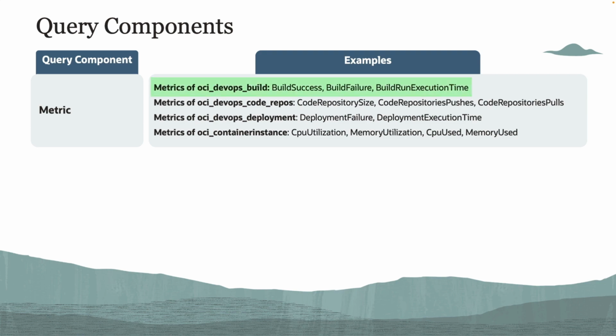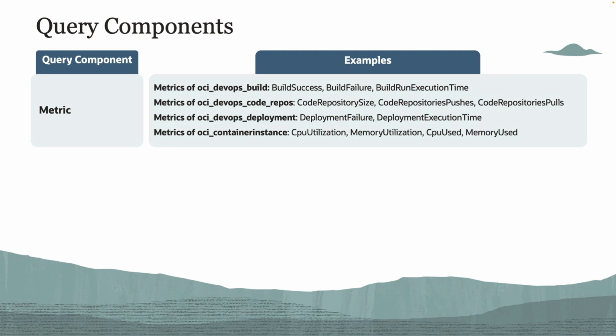For example, the build success metric is measured in count, so it refers to the number of times the build has succeeded. In the same way, build failures refers to the number of times the build has failed. The build run execution time is measured in seconds, and it is the amount of time taken by the builds.